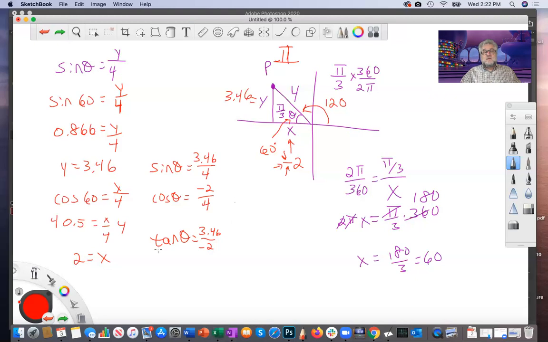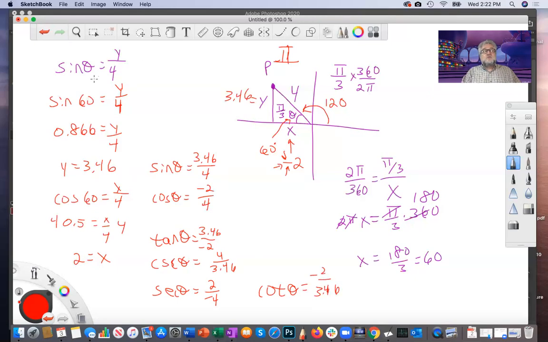And then let's go down here. Cosecant theta would be 1 over that, 4 over 3.46. Secant theta will be 1 over that, 4 over -2. And cotangent theta will be 1 over that, -2 over 3.46.